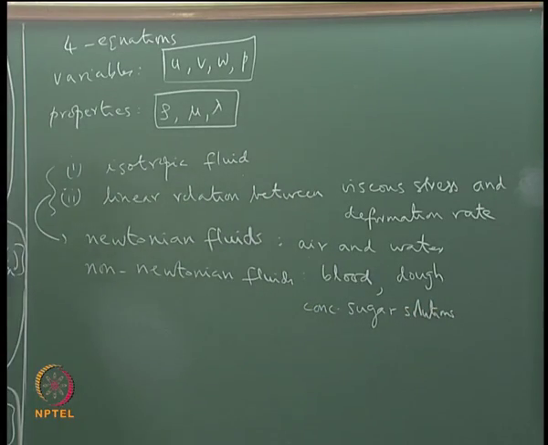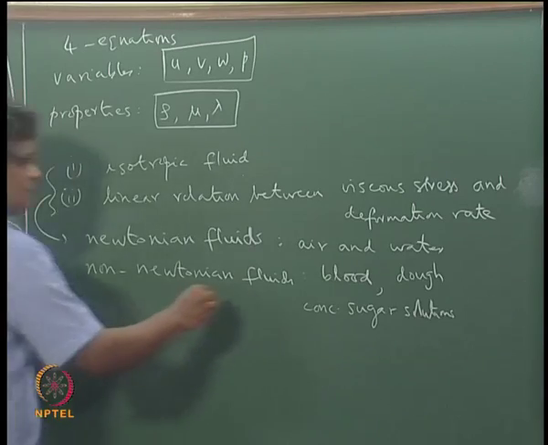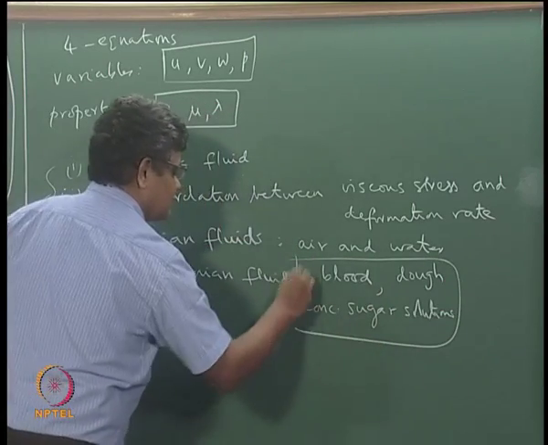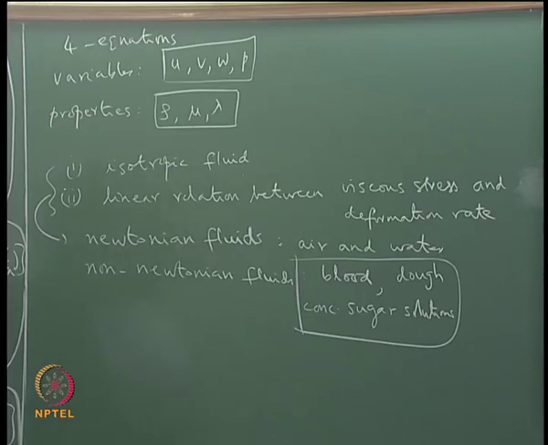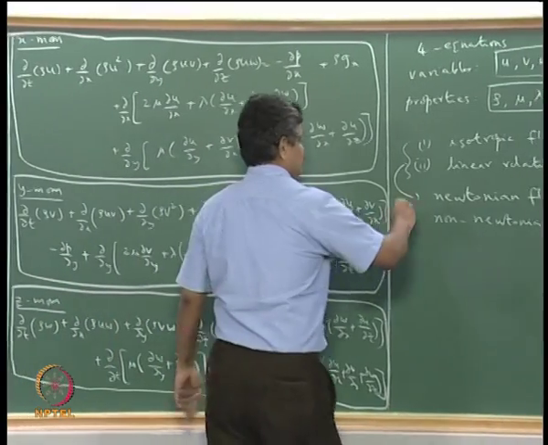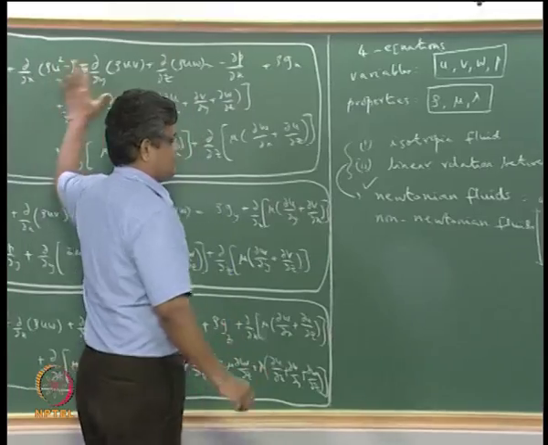So many other polymer related fluids are not Newtonian fluids, and for these kind of fluids, these equations are not valid. So only for these Newtonian fluids we have these equations valid.